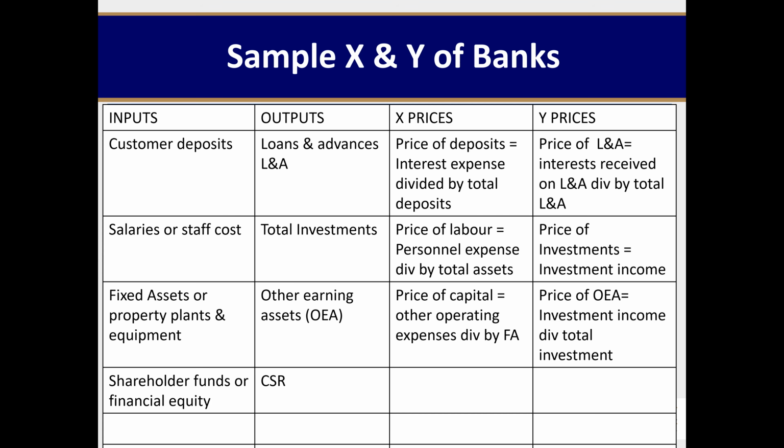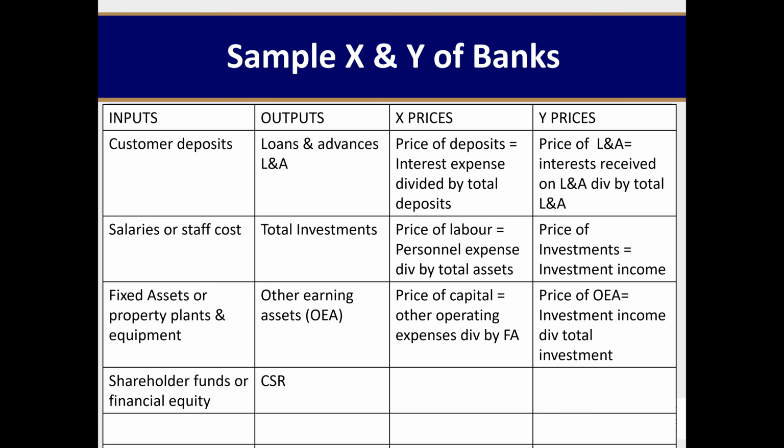Then the total investment. What will be the output price? The price of the total investment will be the investment income. Sometimes you can do investment income divided by total investment. And then finally, the other earning asset. Again, that is investment income divided by total.